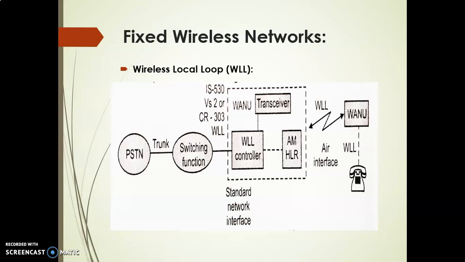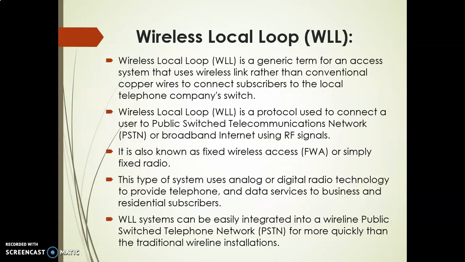Okay, then this is your telephone landline, and this landline is wirelessly connected with the wireless access network unit to the WLL. Okay, now we will see the description of this.